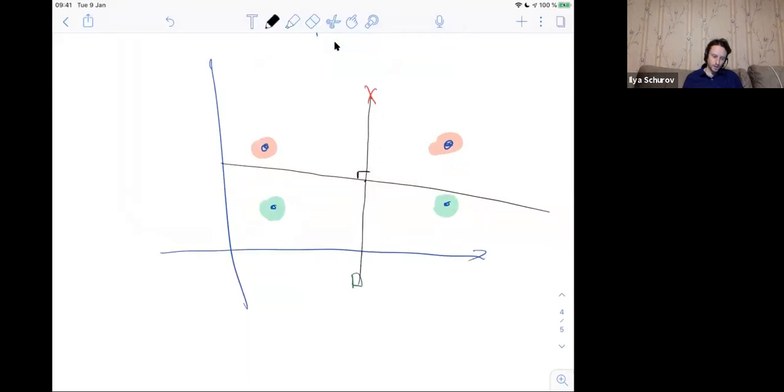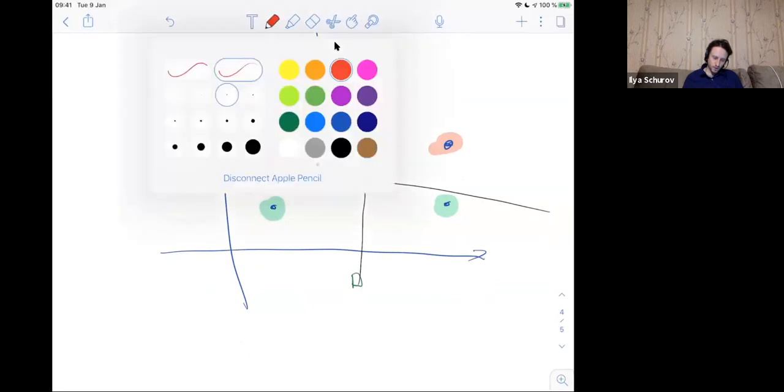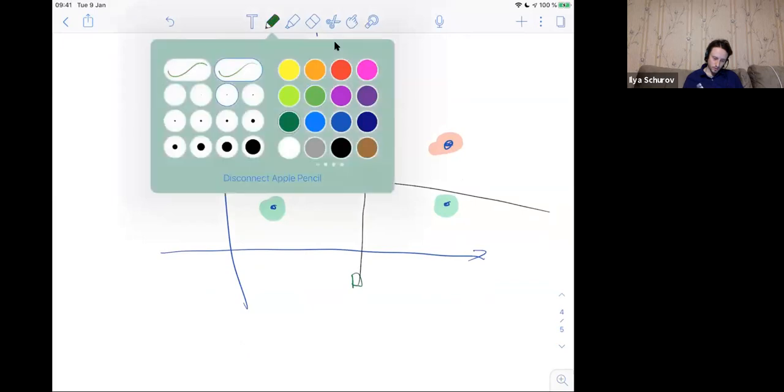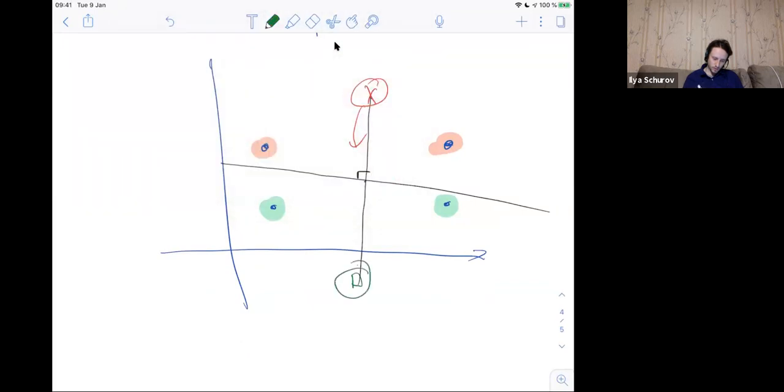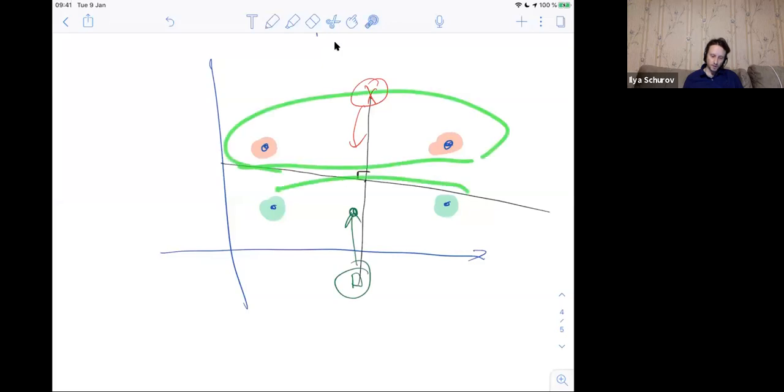And then on the second step, I will move this point here and this point and this point here. And then the picture stabilizes. So I will get this clustering at the end.